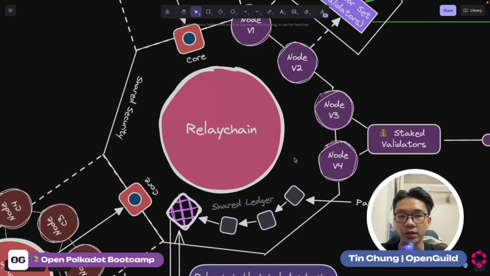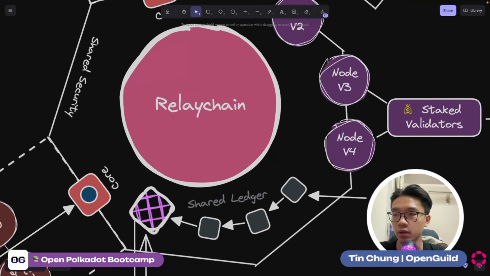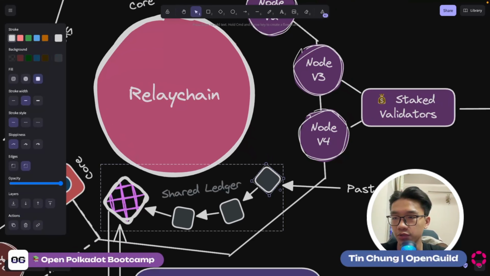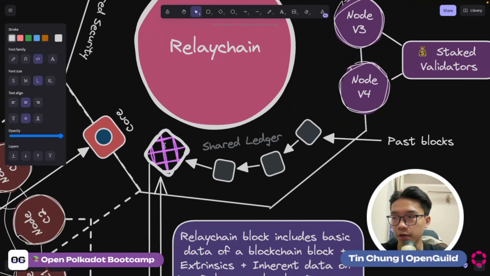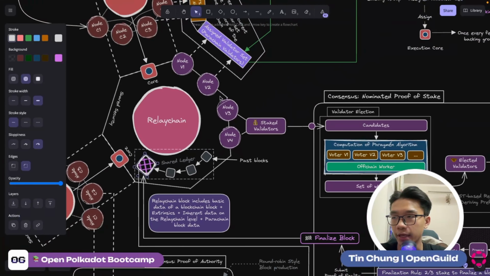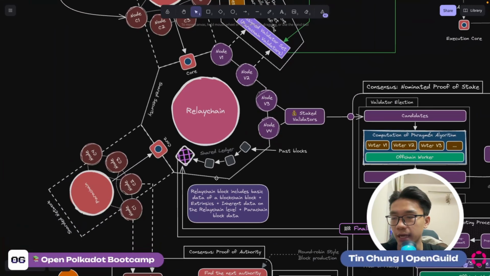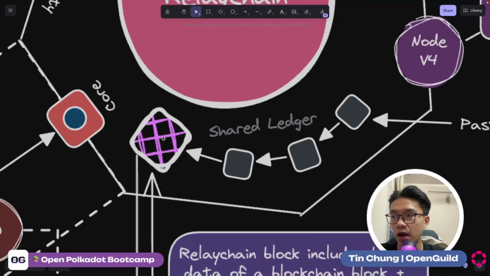The block right here indicates the past block, and this one right here is the new block added from the parachain. So we're gonna learn how the parachain can process, produce and finalize the new block, collate that to the relay chain, and then how this block can be added to the pipeline of the relay chain.